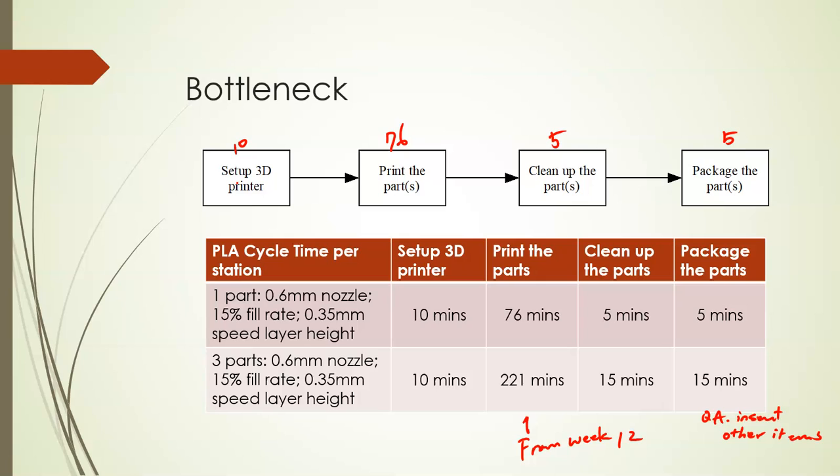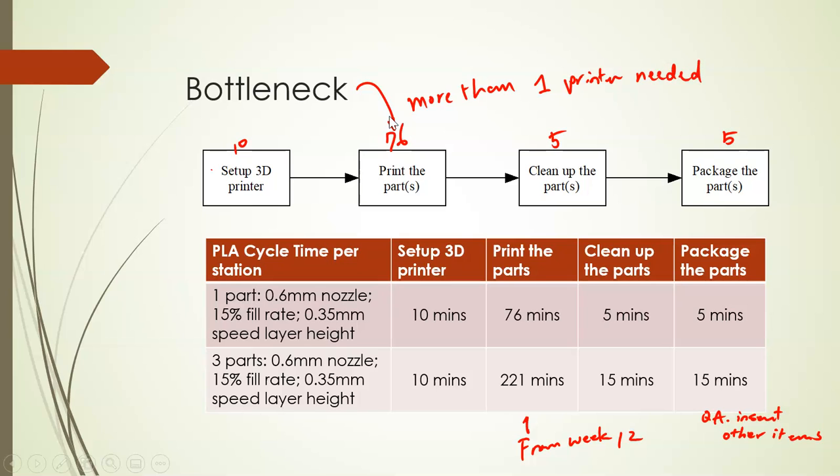And if you include the setup, that will be 86 minutes. So it is not a good idea to just use a single printer, and that's the reason why I want to show you that I need more than one printer. This is the bottleneck. More than one printer is needed.